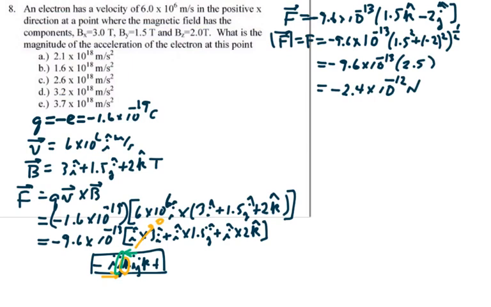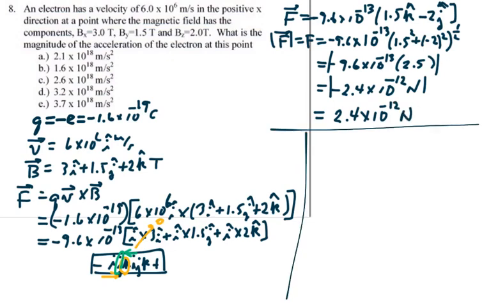And we just want the magnitude of it. So the magnitude is 2.4 times 10 to the minus 12 newtons. That's the magnitude of our force.